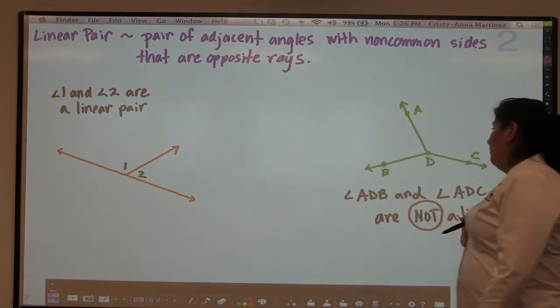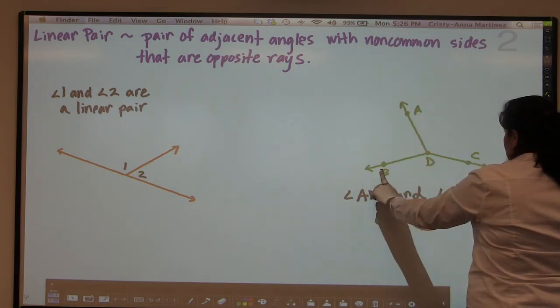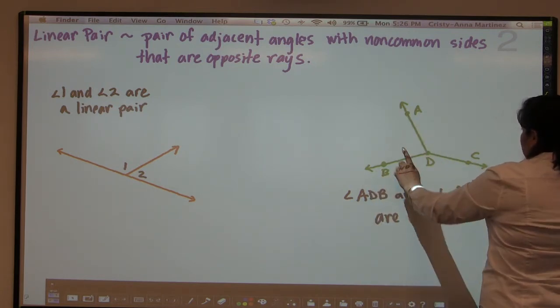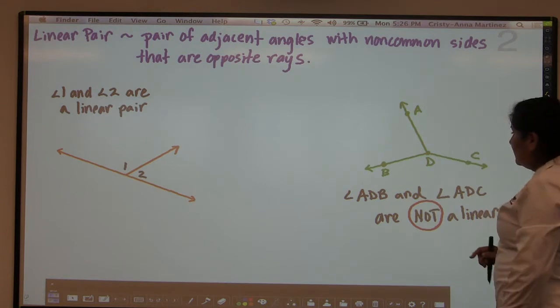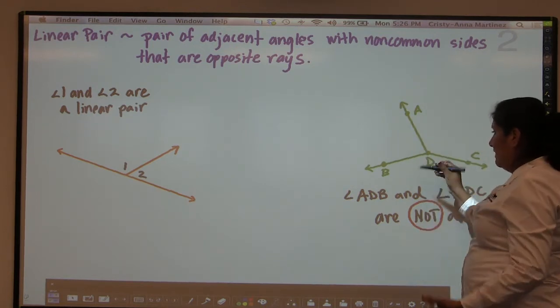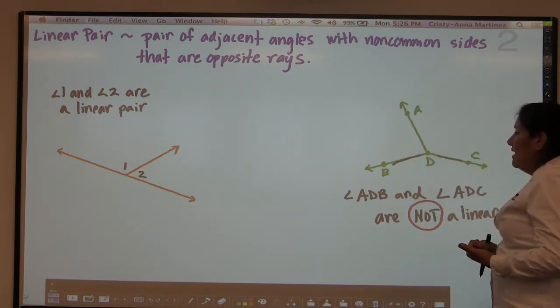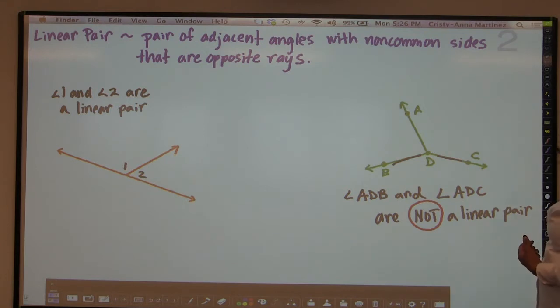Over here on the right we have something that fails. In this case, we have angle ADB and angle ADC. These two are adjacent angles. They have a common vertex, common side, but their non-common sides, this side here and this side there, are not opposite rays, and therefore this fails to be a linear pair.